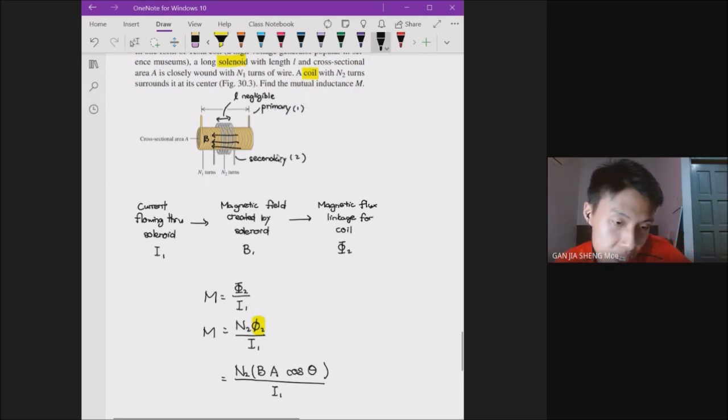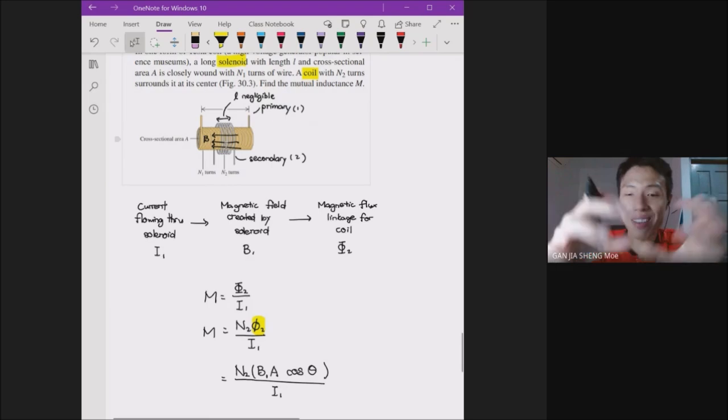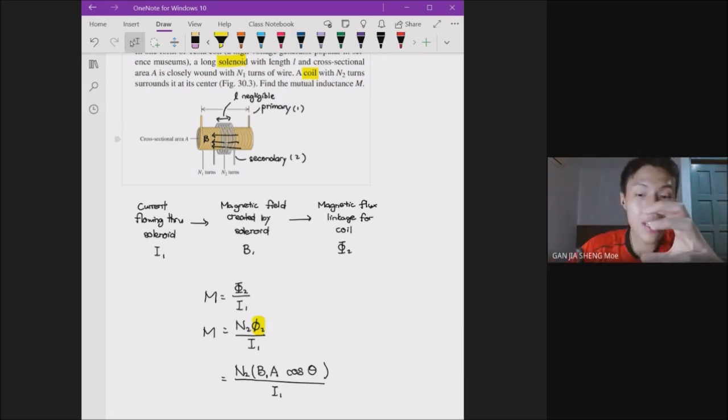So for this B, you have to put subscript 1 because the magnetic field is created by the solenoid. For the area, you can see that the area of the solenoid and the area of the coil are similar. They want to wind it at the same radius, but if they wound it at the same radius, you could not see the diagram clearly.